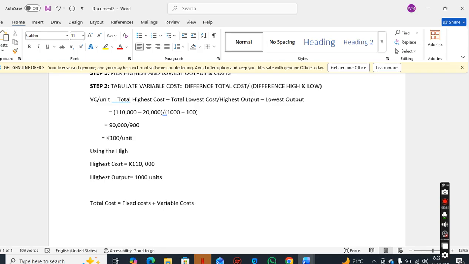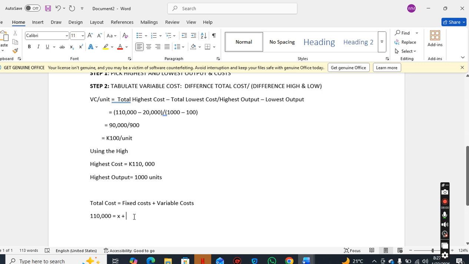Since we're using the highest, we use our highest cost 110,000. Our fixed cost, we're going to put it as X. Our variable cost, remember, is 100 kwacha per unit.